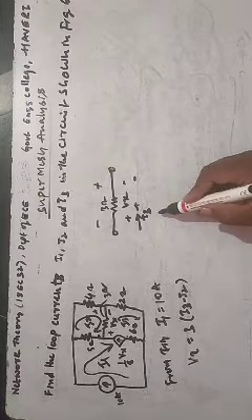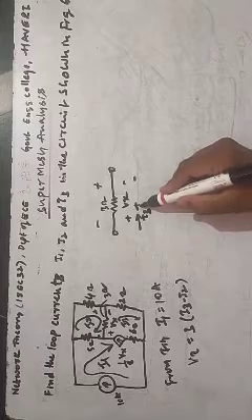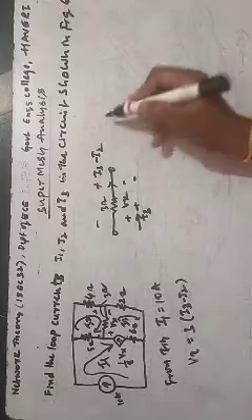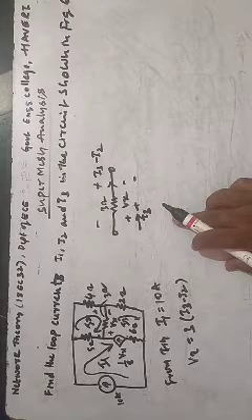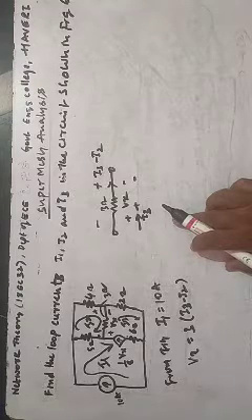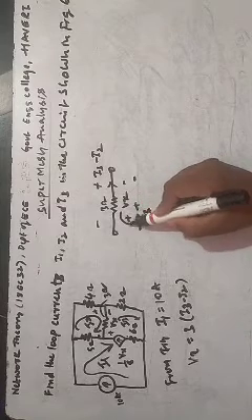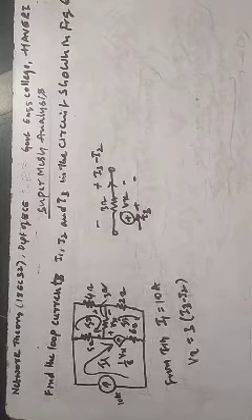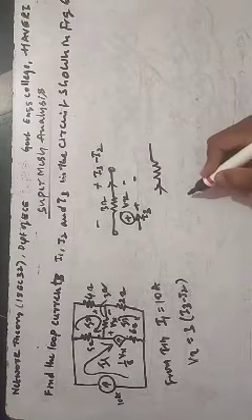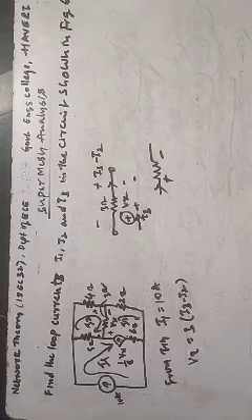If I consider this as positive, I can write the current as I3 minus I2. When the current flows through a resistance, the terminal it reaches first is positive, and the other terminal of the resistance is negative.